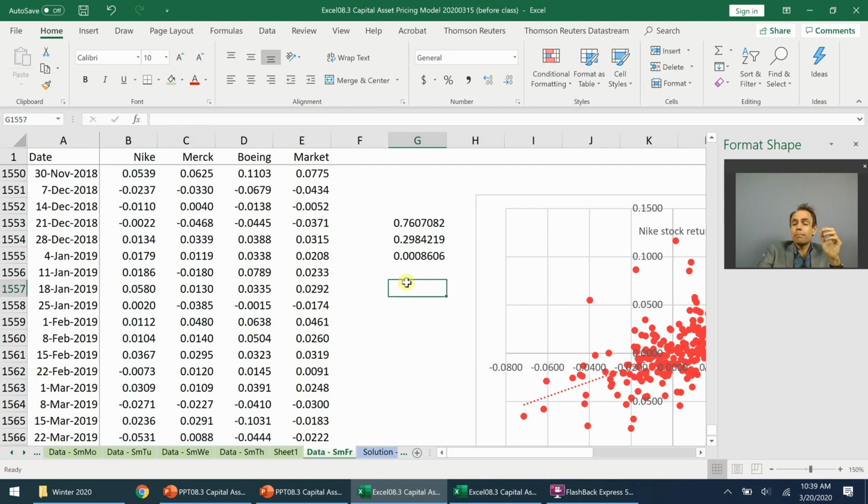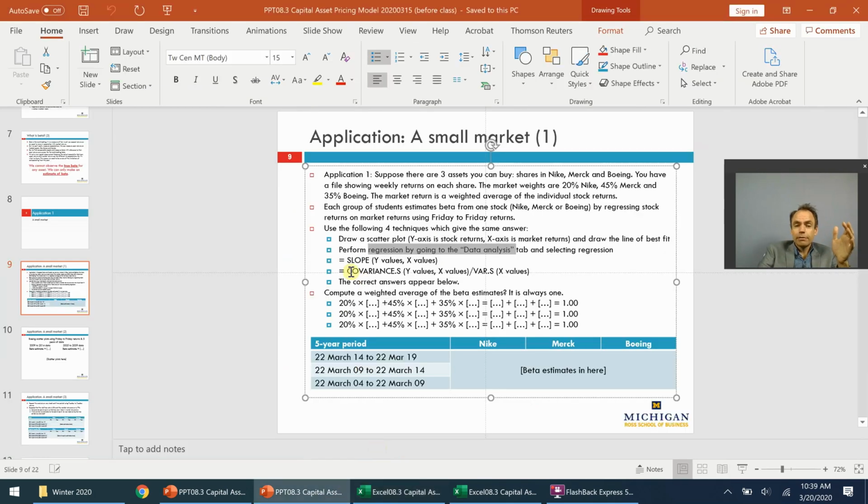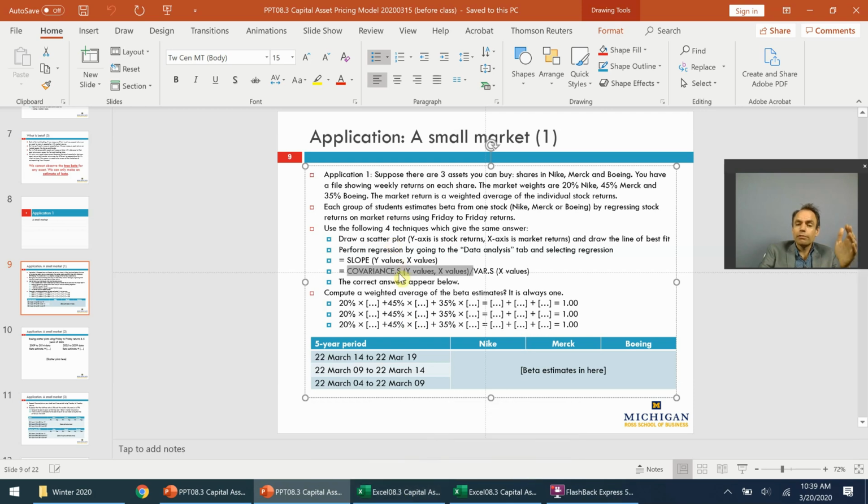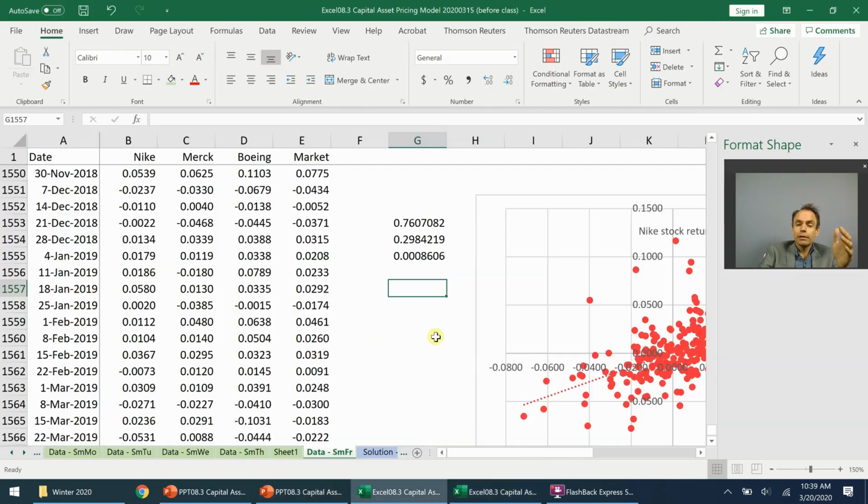Finally, we said that beta can be estimated as the covariance of asset returns with market returns divided by the variance of market returns. So let's put in functions for covariance and variance and verify that we get the same answer. You're going to see I'm going to use COVARIANCE.S, and that means we're referring to a sample of data. And VAR.S means we're referring to a sample of data as well. So here are the functions.